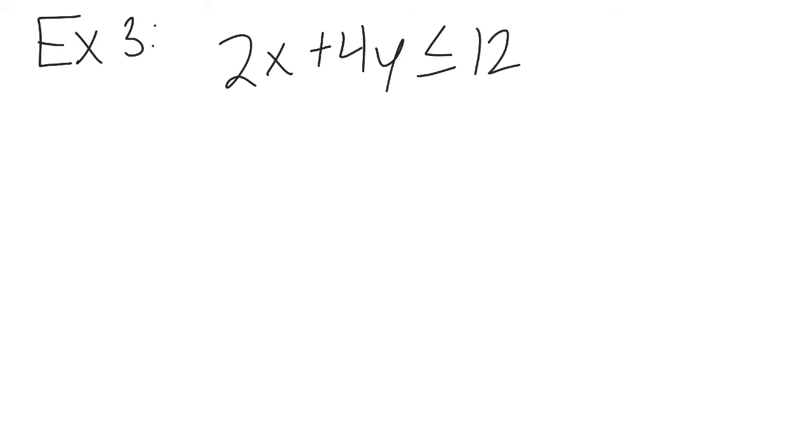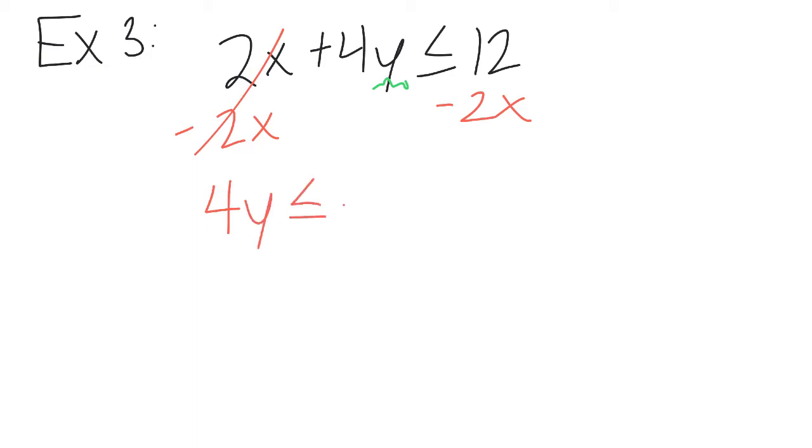So again, here I want to get it so that I can graph it. So I'm trying to solve for y. So that means I need to move my x to the other side. So I have 4y is less than or equal to -2x plus 12. The last thing I'm trying to do is to get y by itself. So I'm going to divide everything by 4.